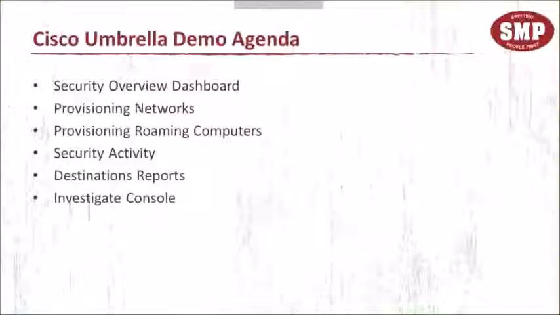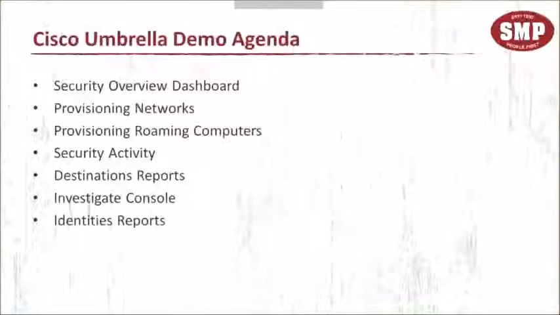We'll also look at a destination report and look at the threat analytics and tracking by identity that we get through those reports. We'll also get into the Umbrella Investigate console, which is available at certain levels of Umbrella licensing. The Investigate console, as we'll see later, is a great tool for SOC units and forensics units within organizations to give us a deeper level of inspection.